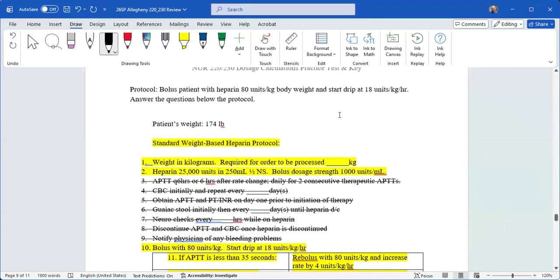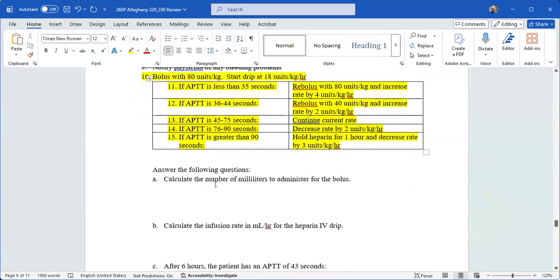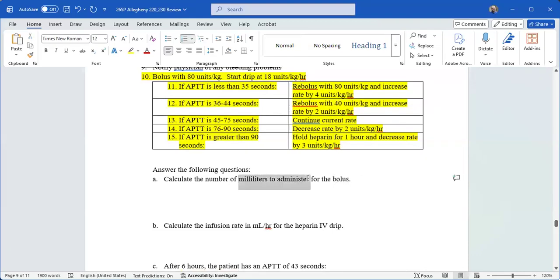So everything's the same. When we do the protocol, the first step is just to understand what this thing is asking. What it's asking is that you answer the questions below the protocol. What are the questions below the protocol? The questions are: calculate the mL for the bolus and then calculate the infusion rate.